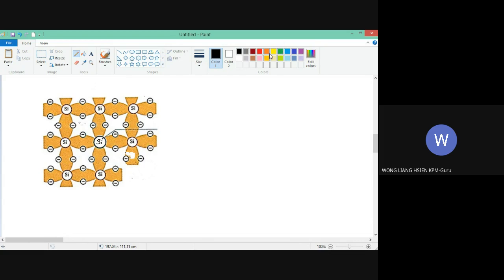So for example, let's say that this is the red silicon. This electron belongs to the red silicon. This is the red silicon electron. And let's say that this is the blue silicon. This is an electron that belongs to the blue silicon.